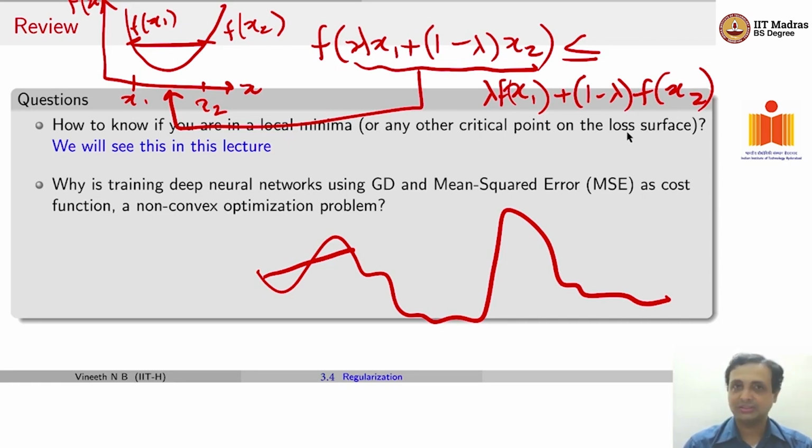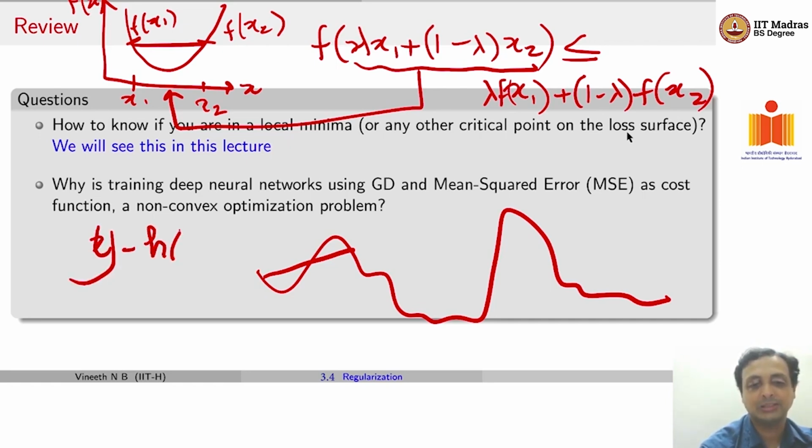One thing that you have to first understand here before answering this question is the nature of the cost function mean square error itself. Remember, mean square error, we all know, is given by, let's assume that y was the label and say h of x was the output of the neural network.